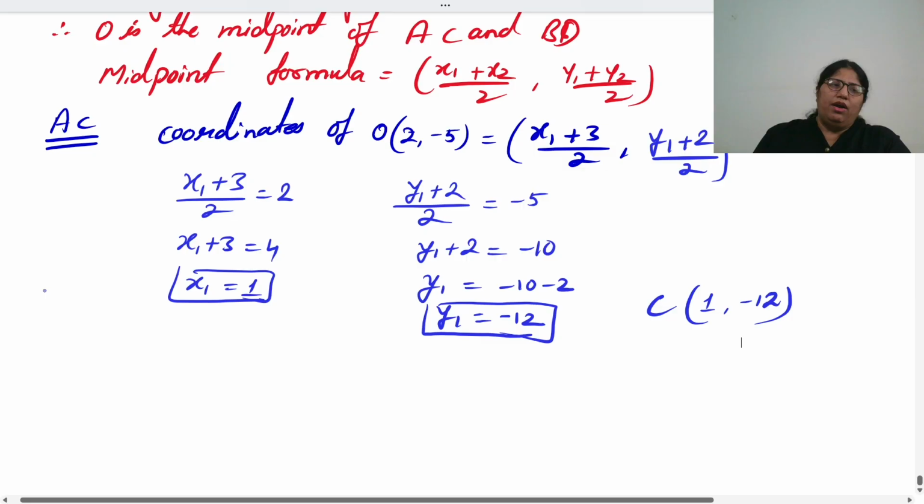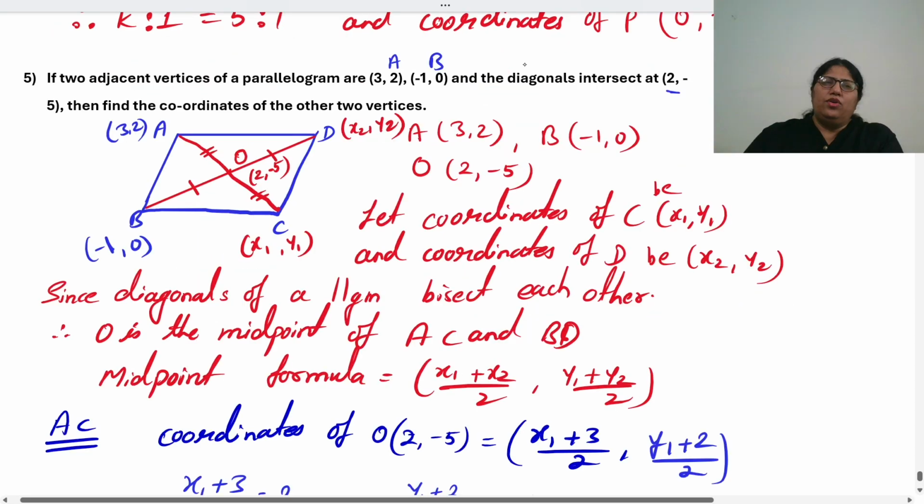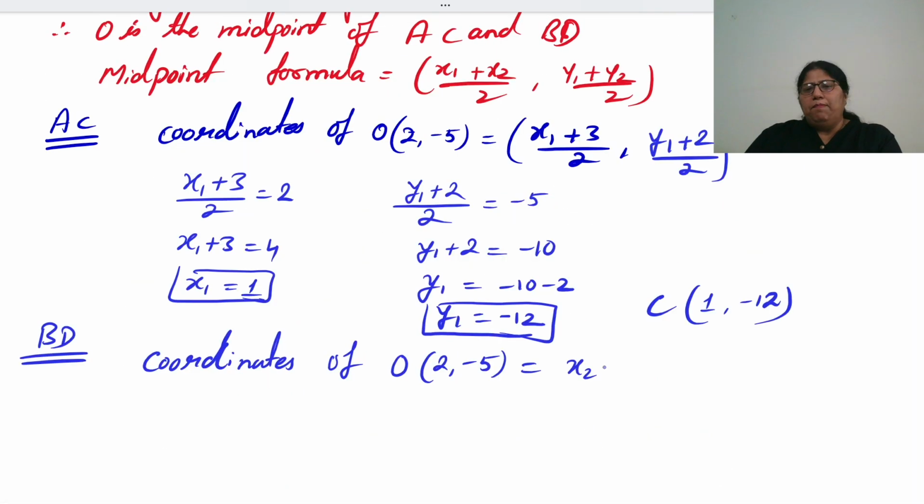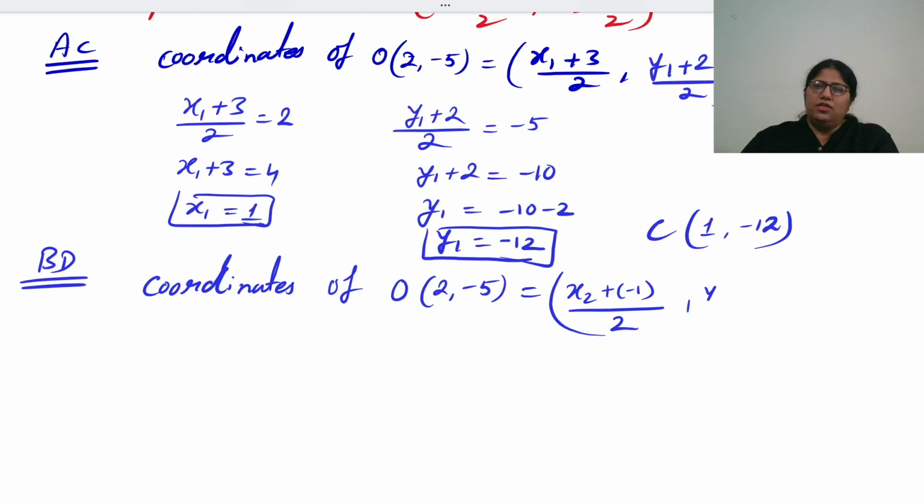Again you can take the coordinates of O, because O is the midpoint of BD also. O is 2 comma minus 5, but now I'm taking the endpoints as B and D. So x2 plus minus 1 by 2 is the x coordinate, comma, then y2 plus 0 by 2, and adding 0 to anything changes nothing.